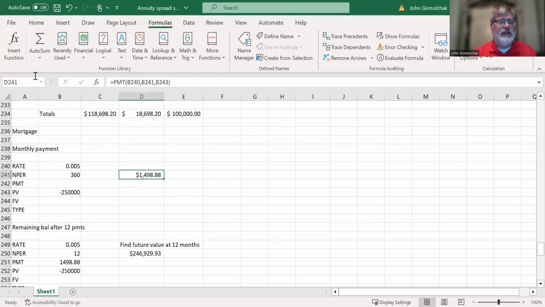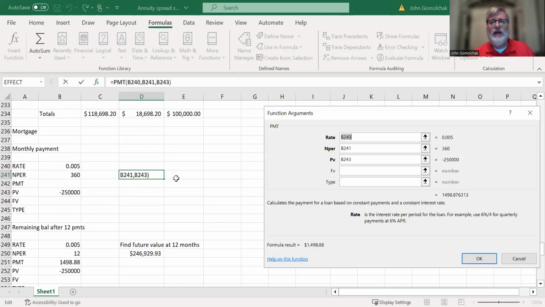Here's what my answer is. What was my formula? I used the function for PMT because I'm looking to figure out what the payment needs to be to make this $250,000 loan happen. So notice I had put the 250,000 as a negative number in here. So looking through, rate is B245. Oh, no.